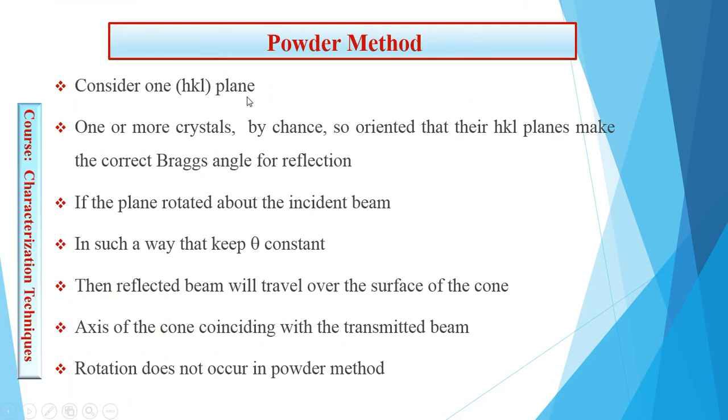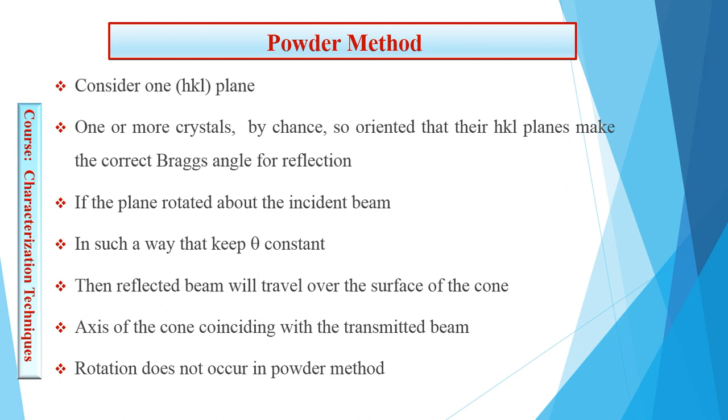Consider one HKL plane. One or more crystals by chance are so oriented that their HKL planes make the correct Bragg angle for the reflection. One or more crystals can by chance have the same orientation and diffract at the same angle.